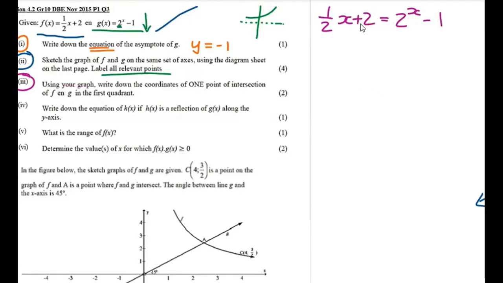Okay, so the first thing I'm going to do is add 2 on both sides. And then you'll see here that we might get a little bit stuck. So I'm going to do a little bit of trial and error.